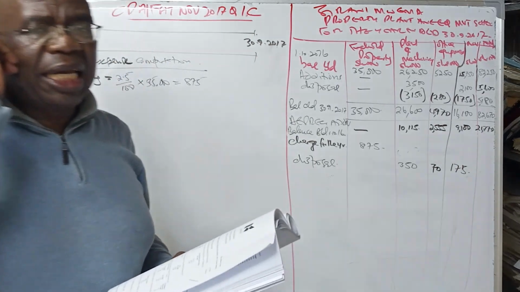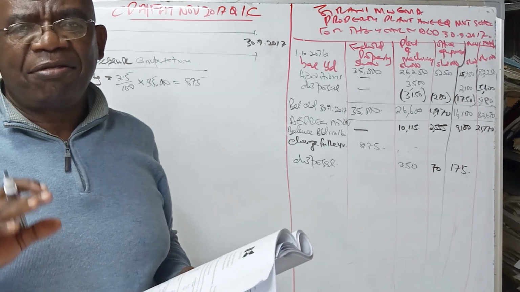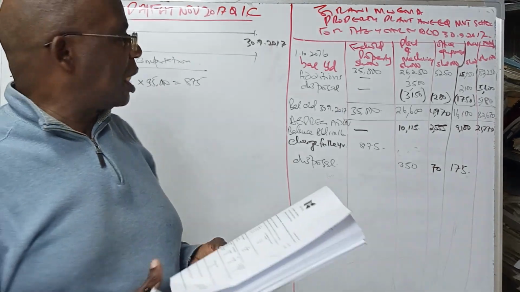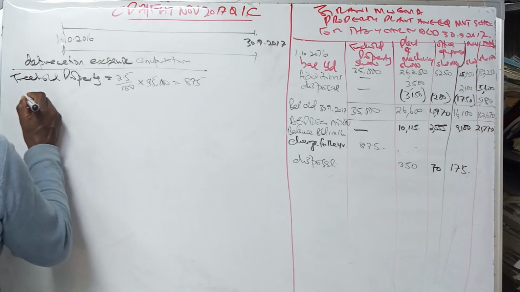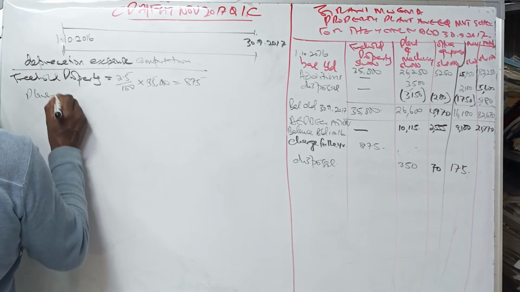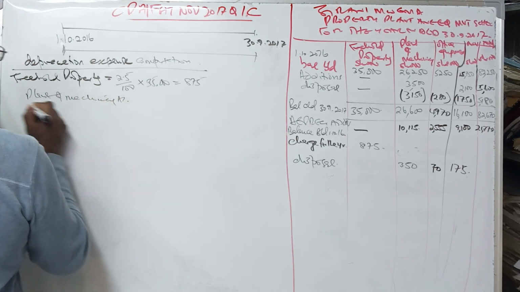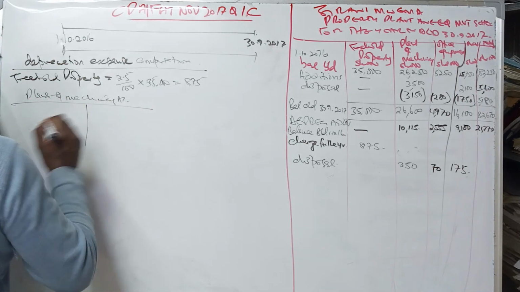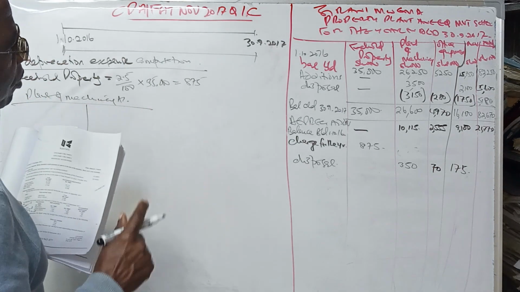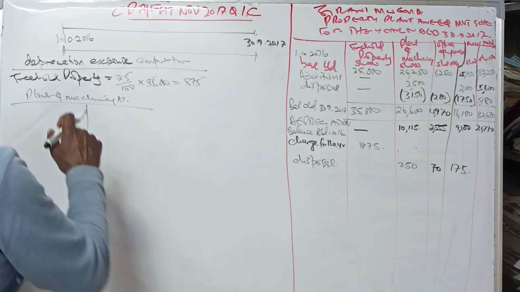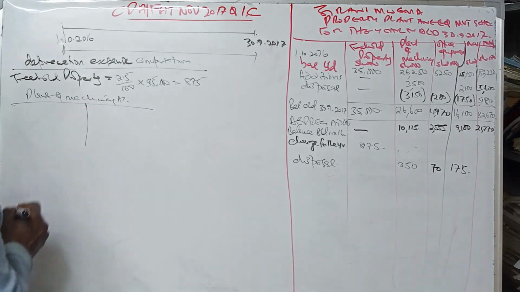Now, I like saying dates are very, very important. So if we come to plant and machinery, I like capturing the plant and machinery asset account.